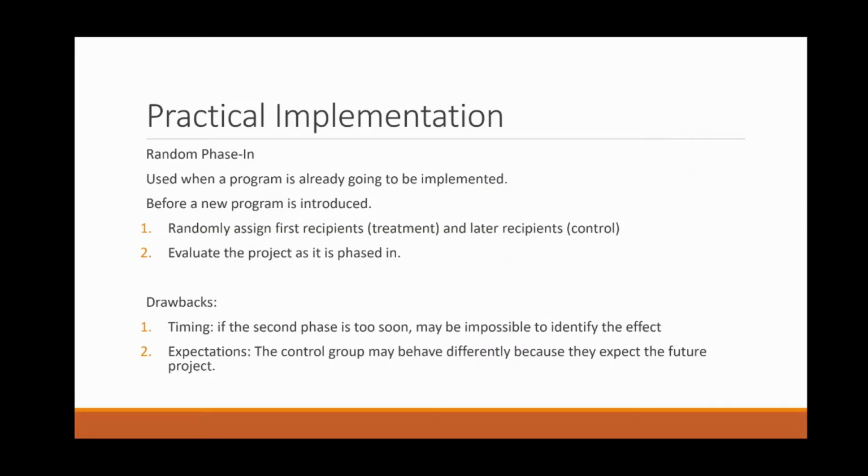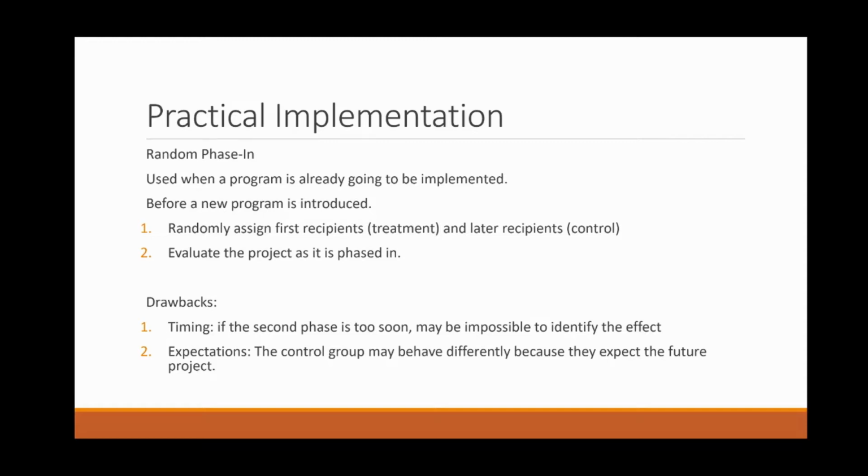Another drawback is expectations. So in the phase-in design, what we expect to do is to compare the treatment group, those that receive it in the first phase, with the control group, those that receive it in the second phase, and we compare them before the second phase people, the control group, receive the intervention. Okay. And what we expect is to find differences in outcome between those that receive the intervention and those that don't.